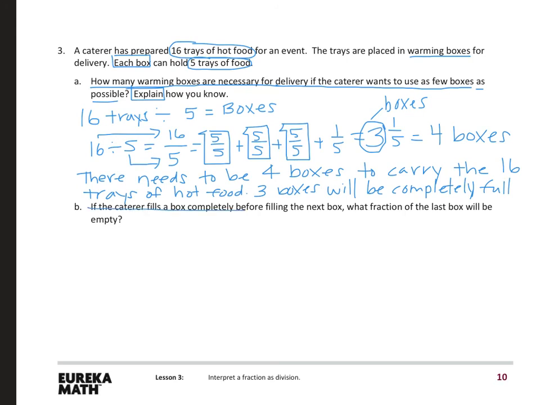And we're going to cross out B so we can write the rest of our explanation. 3 boxes can be completely full, and the last box will have, now going back to our fraction, 3 boxes are completely full, and that means there's going to be one tray out of the 5 that can be held in the box, there's going to be one tray in the last box.